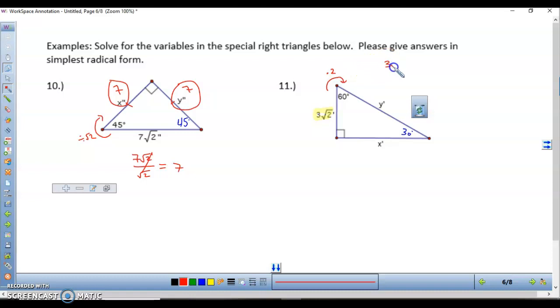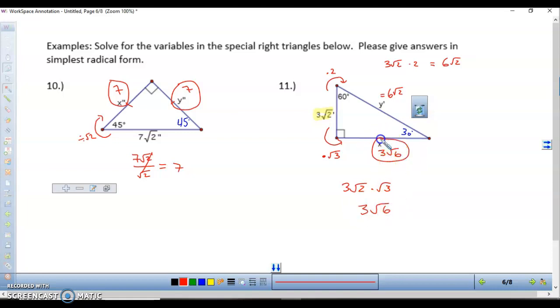So when I do 3 root 2 times 2, I get 6 root 2 for y. And then in a 30, 60, 90 triangle, to go from the short leg to the long leg, we multiply by the square root of 3. So if you do 3 root 2 times root 3, you get 3 root 6 for x. So there's x, there's y.